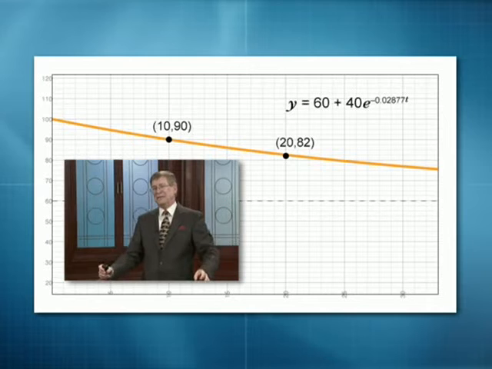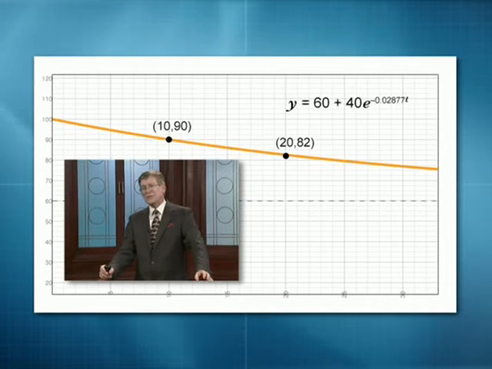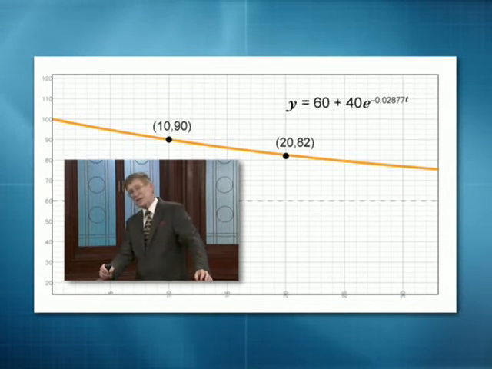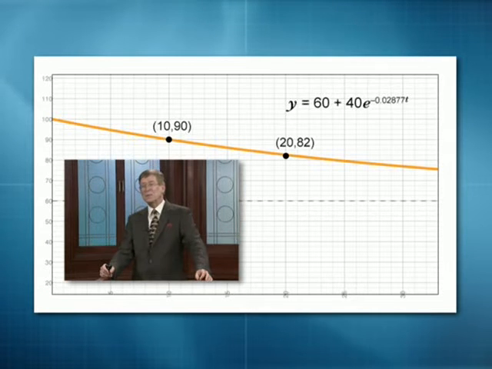Something else kind of neat about this model. Notice that in the first 10 minutes, the temperature went down 10 degrees, 100 to 90. Did it go down 10 degrees in the next 10 minutes? It only went down 8 degrees. How come? Well, the differential of temperatures is not as large anymore. It used to be a 40-degree differential between the coffee and the room.